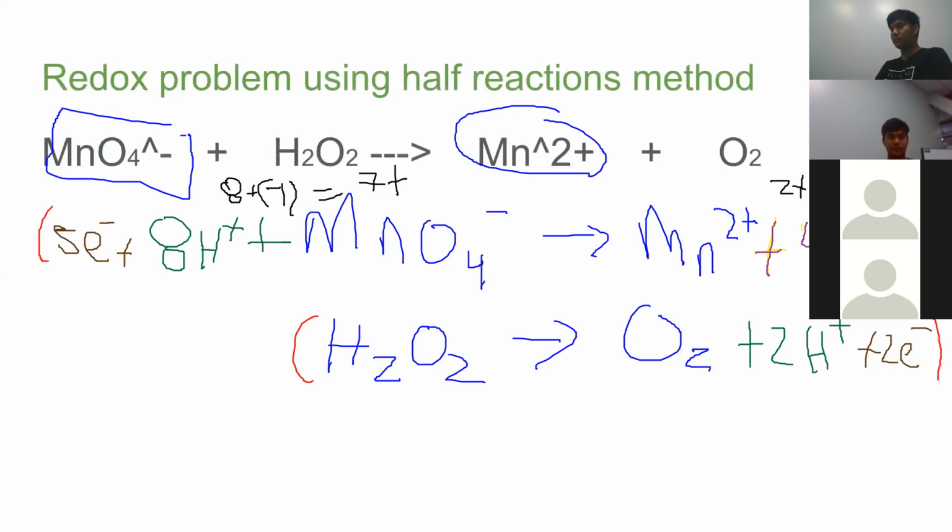So we have to multiply the entire reaction to balance out the electrons. I know for a fact that 5 and 2 are not divisible with each other. So I have to multiply the top reaction by 2 to get 10 electrons on the left, and then by multiplying the bottom by 5, I get 10 electrons on the right.